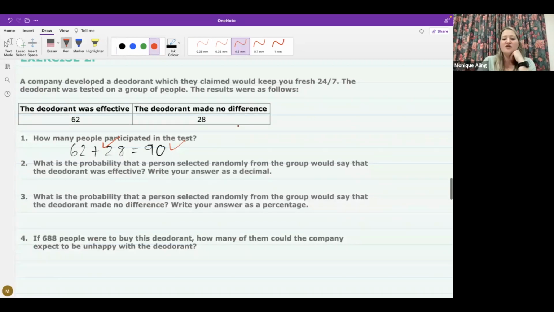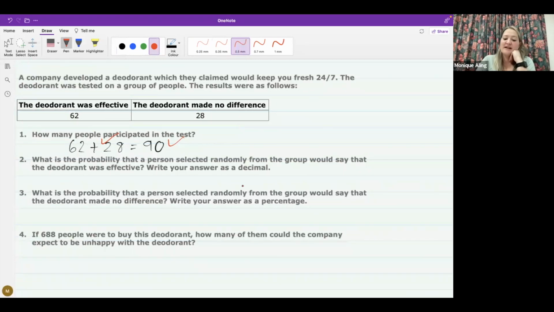Okay, I'm going to leave you to do question 2 and 3 for me. Keep your answers off the chat for now. I just want to give everyone a chance. So just try question 2 and 3 for me. I'll let you know when you can share your answers.